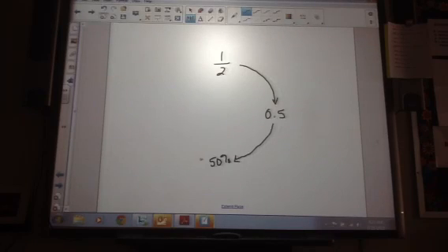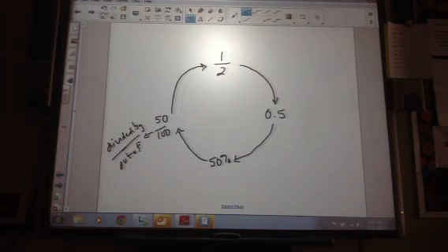I just want you to realize it. 50% is the same as 50 out of 100, and that comes back around to 1/2. Because remember, this line is divided by, out of, divided by, and out of. Both means both of those things. So I want you to be kind of thinking about this wheel, because eventually we're going to add percents, or you're going to have to start working with percents around fractions and decimals as well, and I want you to understand where they fall on the wheel.